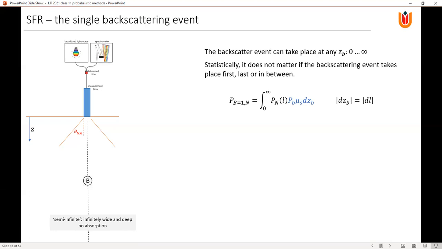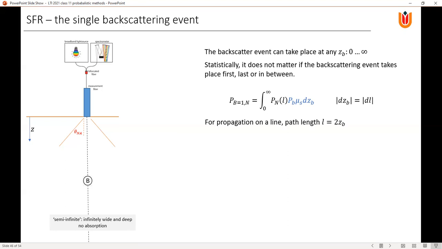Now this is where the emphasis on the integration variable comes along, because up until now we had integrations along the length, so dl and dz would be the same. But now, because the photon is scattered here and is basically turning back, L is a unit of path length and Z is a unit of position. So that gives a little bit of a discrepancy.